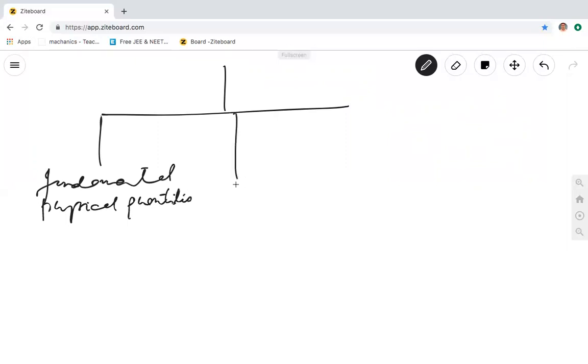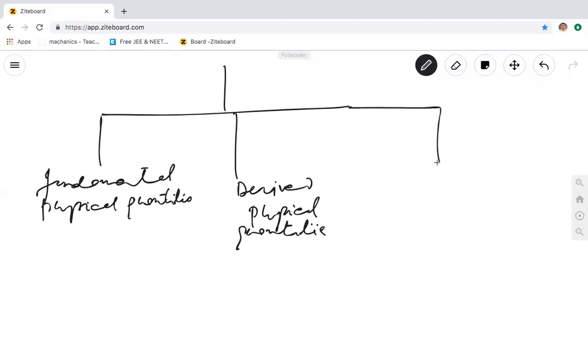Second is what you call derived physical quantities. Number third is what you call supplementary physical quantities. These supplementary ones are only a few.